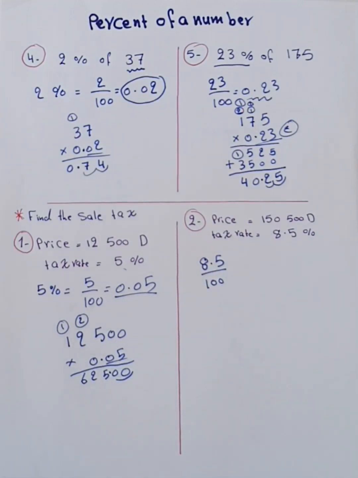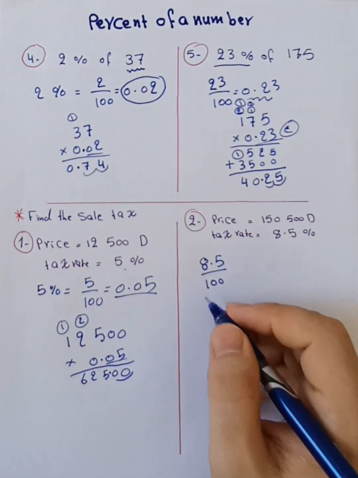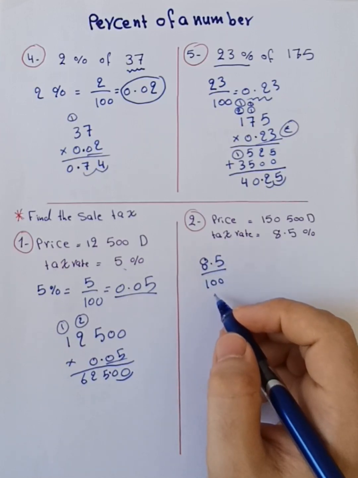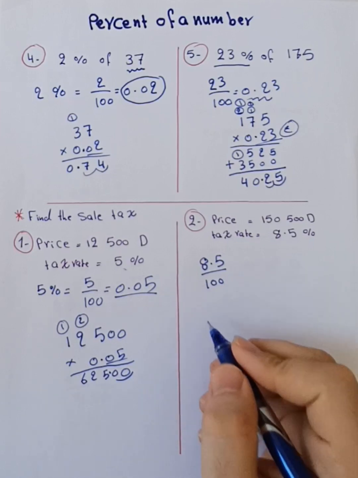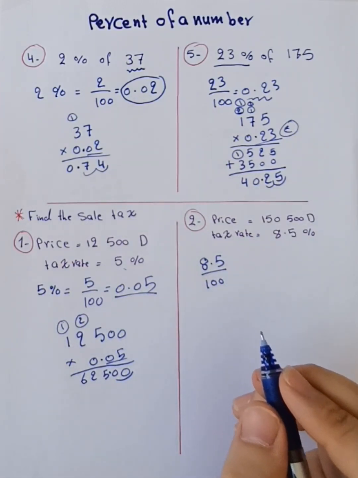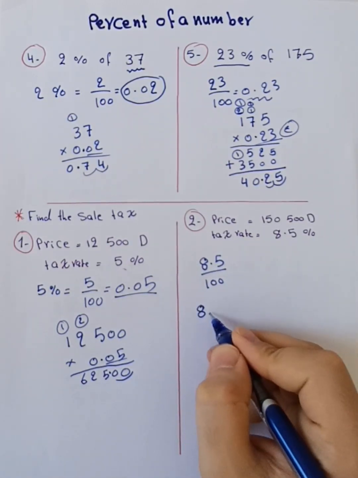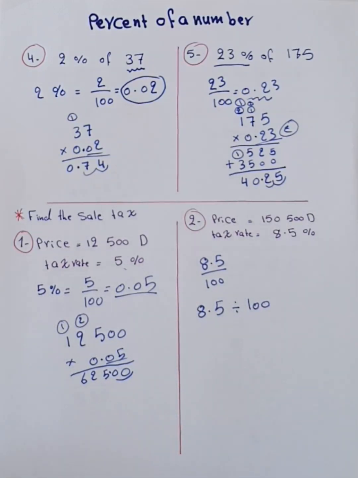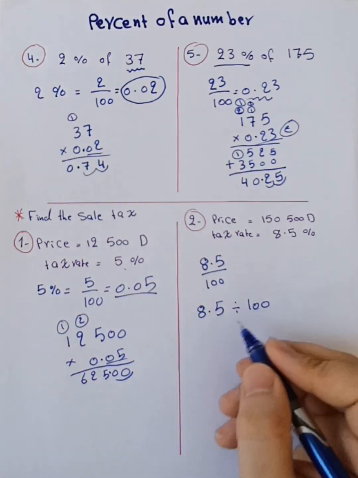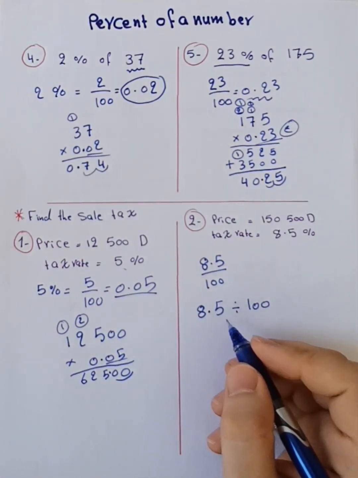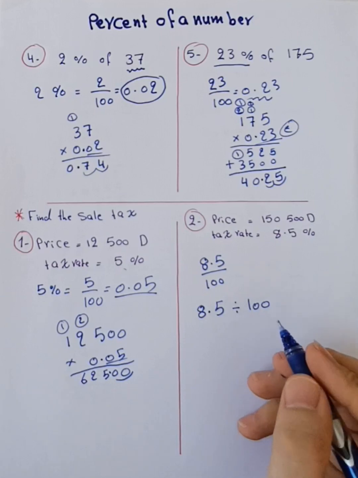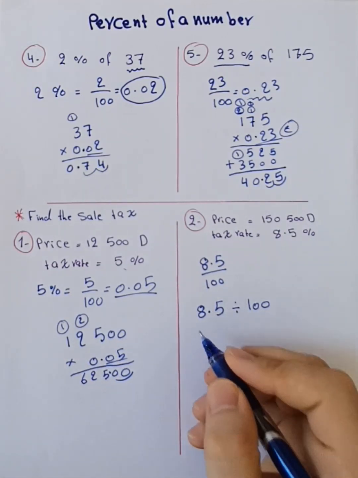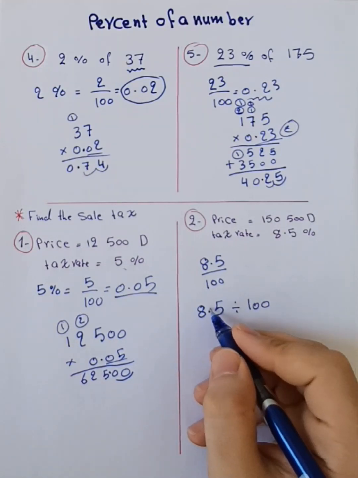And now I will teach you a small trick when we divide a decimal number by a power of 10, like 100, like 10, like 1000. 8.5 divided by 100. In division, this point moves to the left side. 100 has 2 zeros, so this point moves 2 steps to the left side.